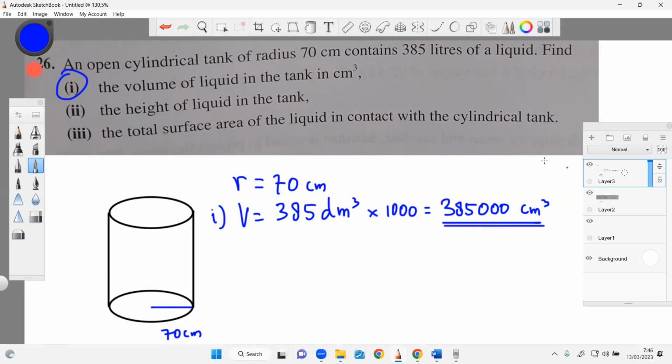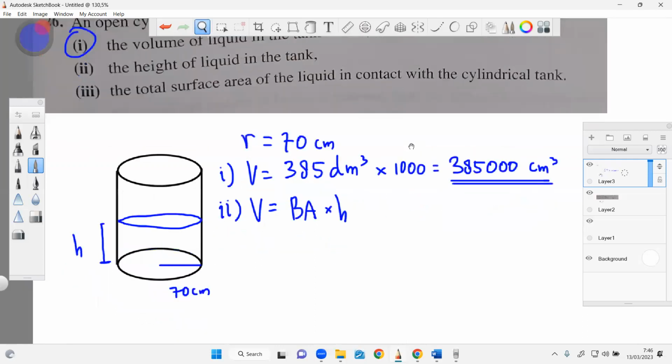385,000. The height of the liquid in the tank: we don't know the height yet, but let's say the water is filled until here. This is the height we are finding. So what is the formula of the volume? BA times height, right? Because we have the volume, why would we use the surface area?